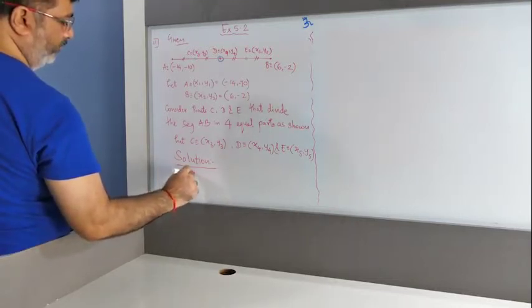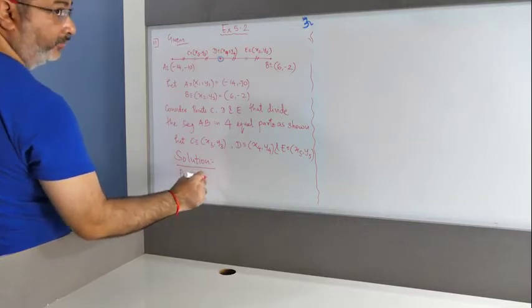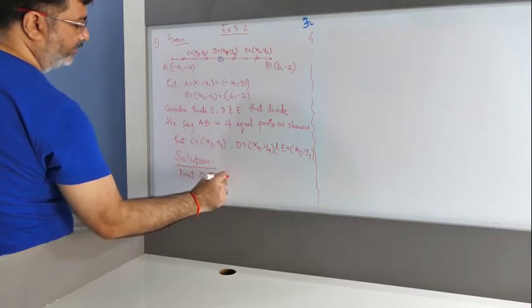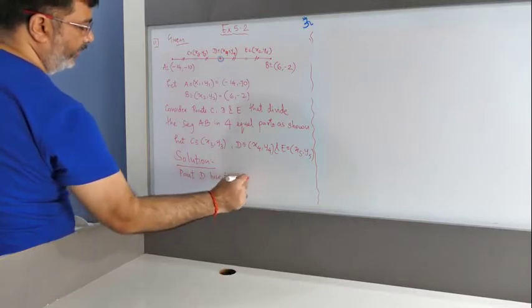So statement number 1, we will say point D bisects segment AB.